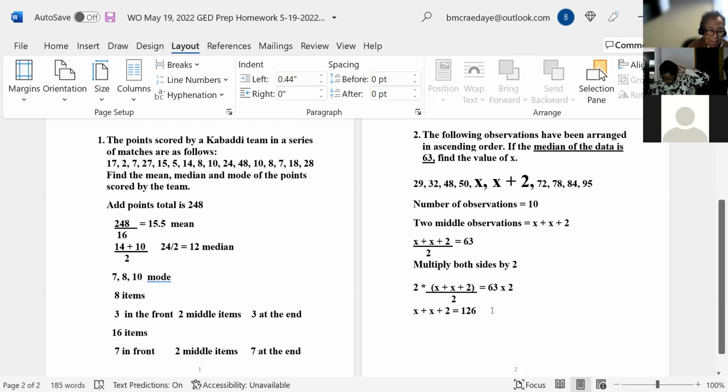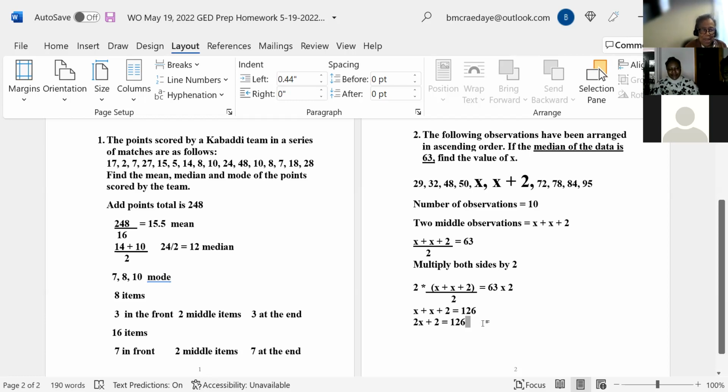Very good, all right. Okay, so now we added our x plus x. We got 2x. So 2x plus 2 is 126.